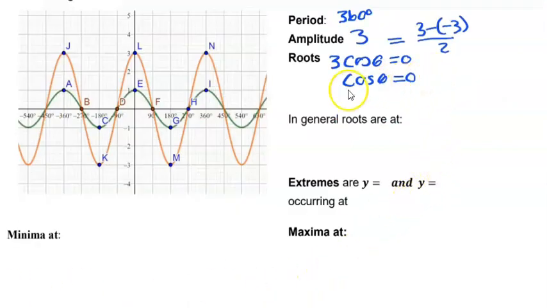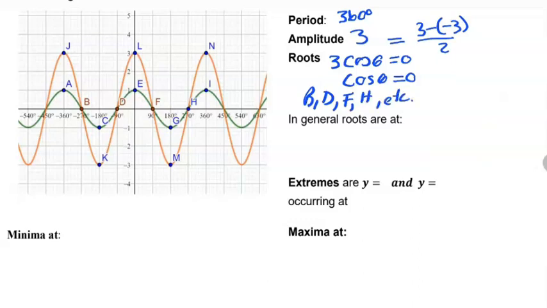We did the roots of cos theta equal to 0 when we handled the original function, the cos theta. But let's look again at this graph. If we look at the orange graph, we notice that the intercepts with the x-axis, or the horizontal axis, is again here B, D, F, H, etc.